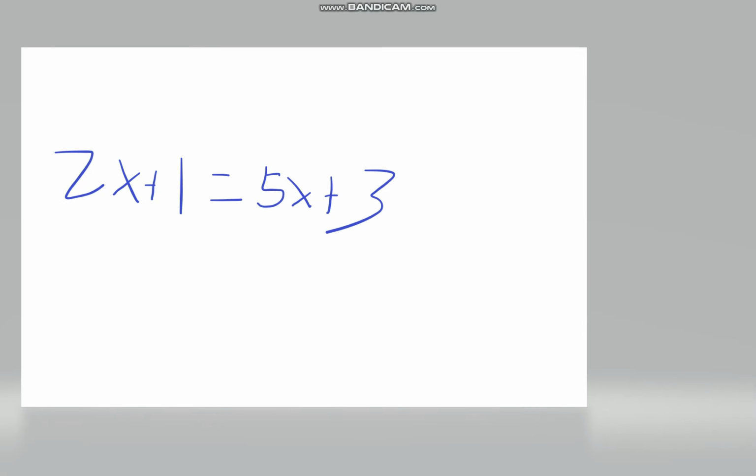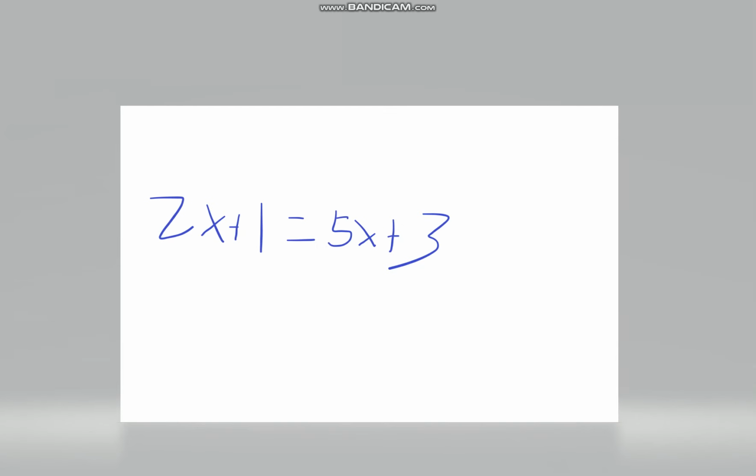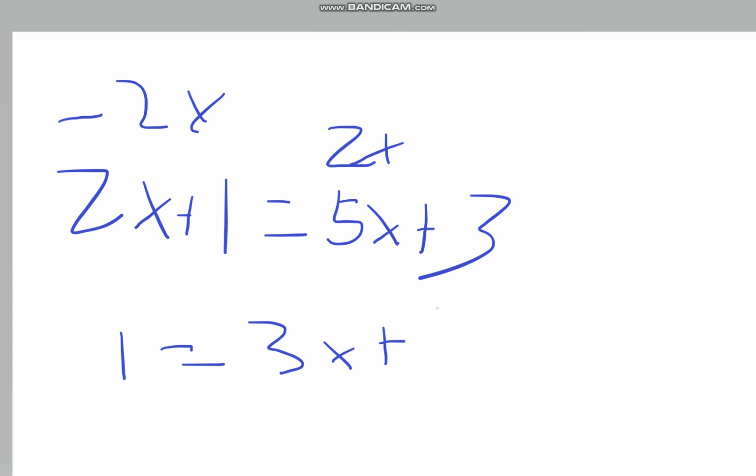Again, isolate the variable. I know 5 on this side is bigger than 2, so I'm going to subtract 2x from both sides. And it will just be 1 is equal to 3x plus 3. Now I'll isolate the variable and subtract 2 from both sides.